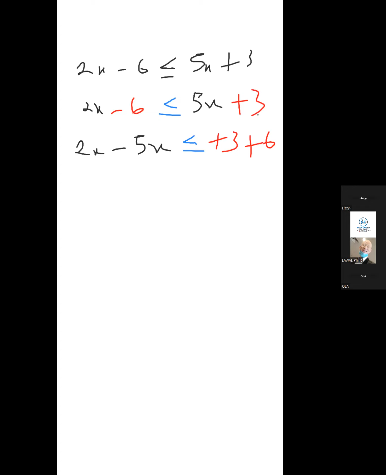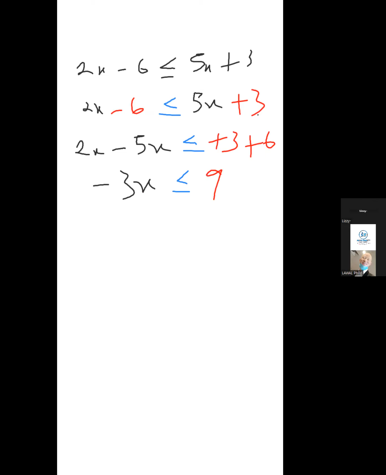So 2x minus 5x will be minus 3x, and that is less than or equal to 9.